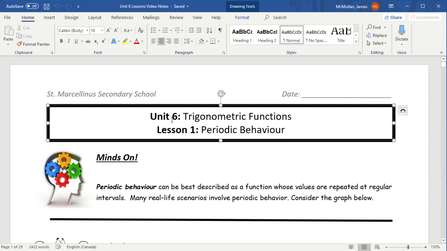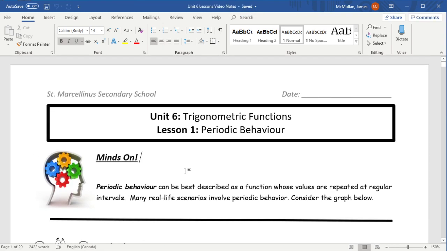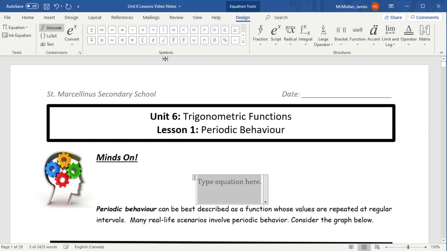Now, the first thing to understand in this unit is the idea of something being periodic. I'm going to give you the mathematical definition for periodic right here. I like to start with this because it's confusing, but not.